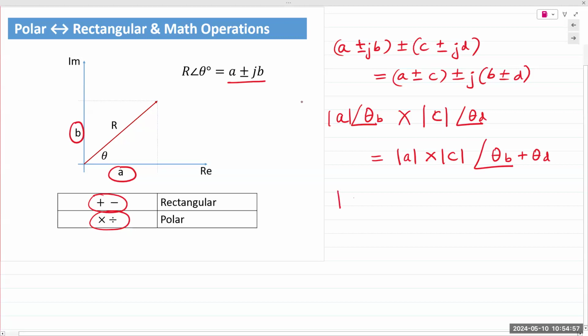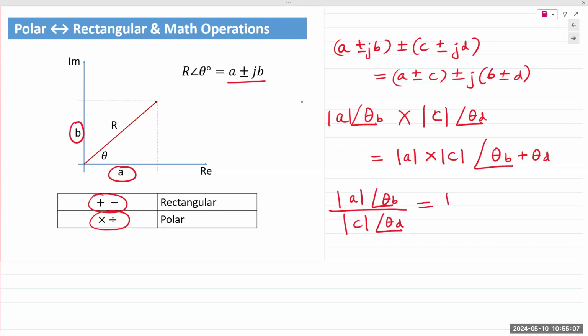If you're dividing two complex numbers, the magnitudes are divided and the phase angles are subtracted. Numerator minus the denominator. That's the mathematical operation.